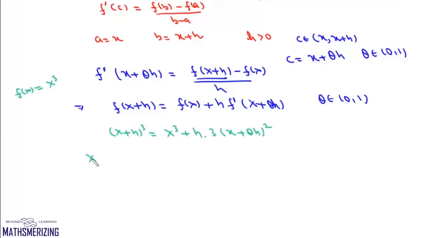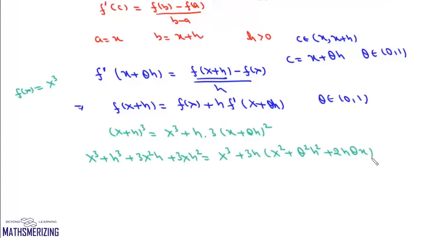Now we can write this as x cube plus h cube plus 3x square h plus 3x h square will be x cube plus 3h times (x square plus theta square h square plus 2 h theta x). Now here x cube and x cube, it will cancel. 3x square h will also cancel.